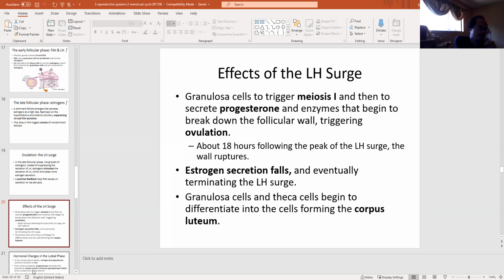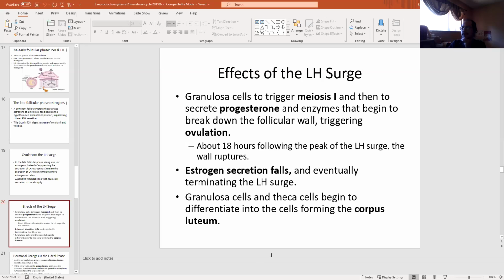The primary oocyte was arrested at the prophase 1 stage. And now it will complete that first stage of meiosis. It will generate two daughter cells. One is the secondary oocyte, the other one is the first polar body.